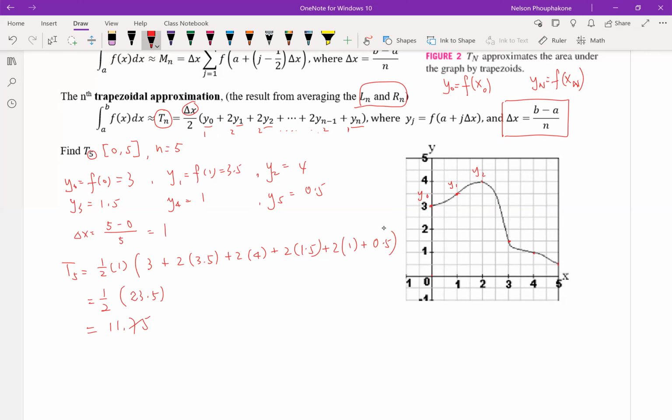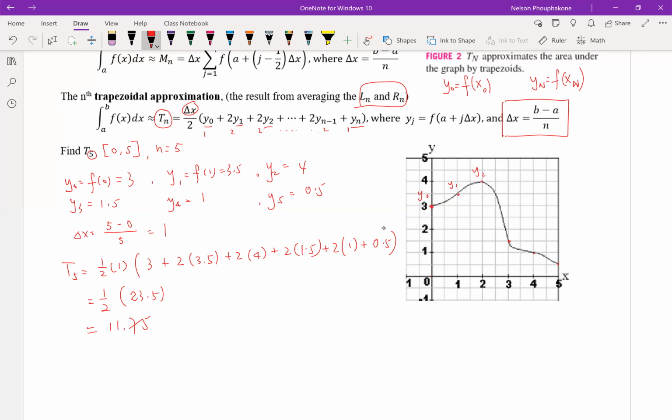Let's check out the error. Compared to the left endpoint, where we have those errors right here, how about the trapezoidal approximation?